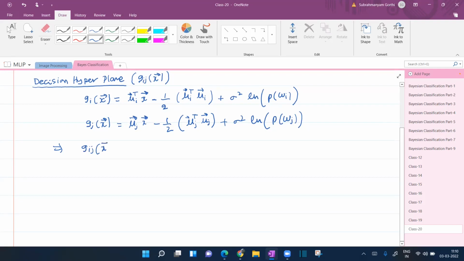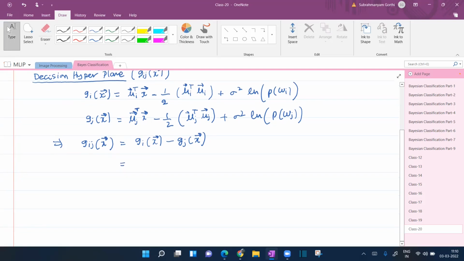Now I would write the expression for g ij of x bar, which is equal to g i of x bar minus g j of x bar. Here I forgot to keep the transpose there, because I just replaced i with j when it comes there.